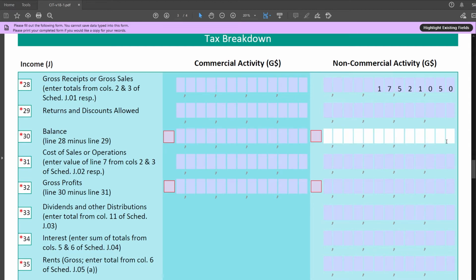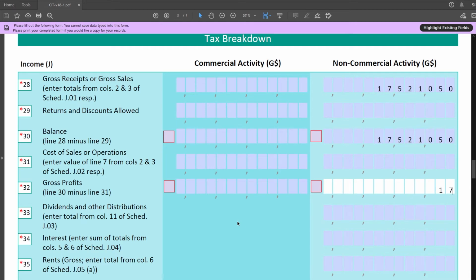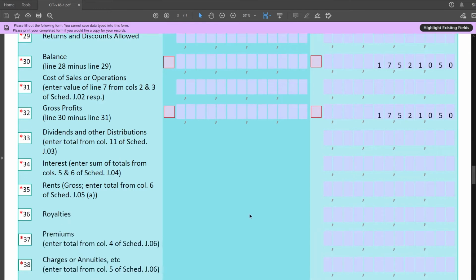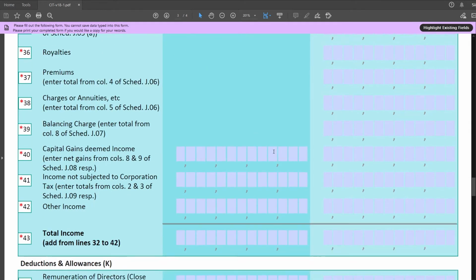Therefore, the total from line 28 will be brought down to line 30, balance, and line 32, gross profits, because the cost of sale or operations are not related to the business. Lines 33 to 42 also have no relation to the company. Therefore, the balance is stated in line 43, total income.